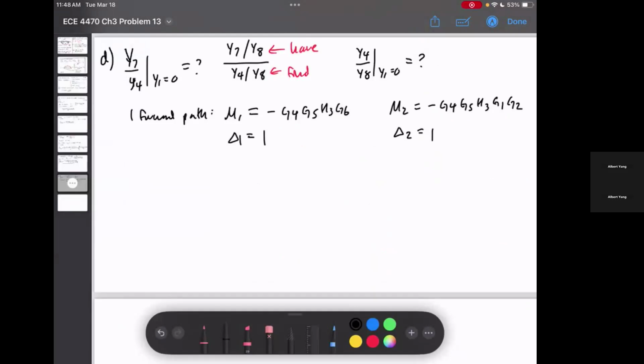Then we would have y4, y8. And that would just be G4, G5, H3, G6 plus, or yeah, G plus, but then the other one is also negative. So negative G4, G5, H3, G1, G2.